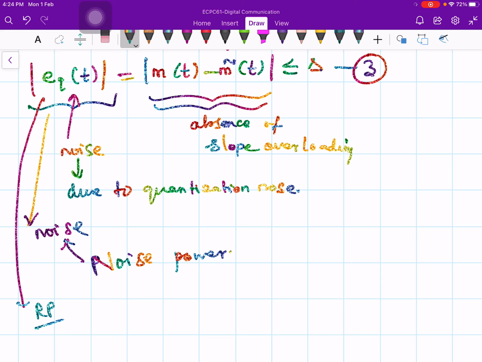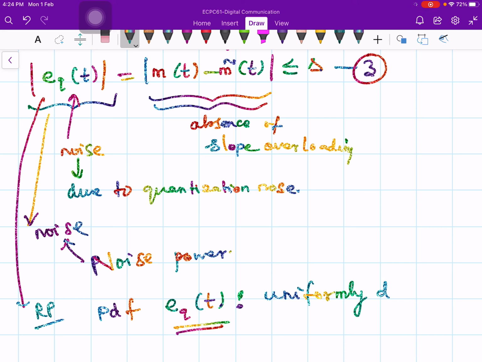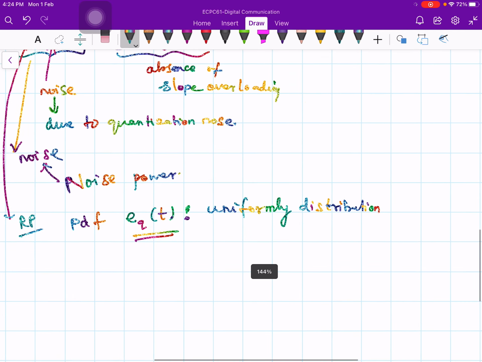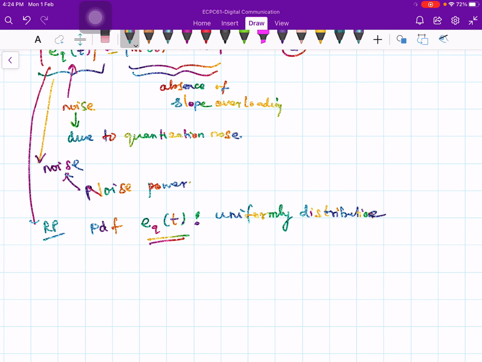So let us try to find the probability density function of e_q(t), and assume that e_q(t) is uniformly distributed over the range. In reality it may not be uniformly distributed, but to make our life simple we are assuming this condition: uniformly distributed in the range of minus delta to plus delta.